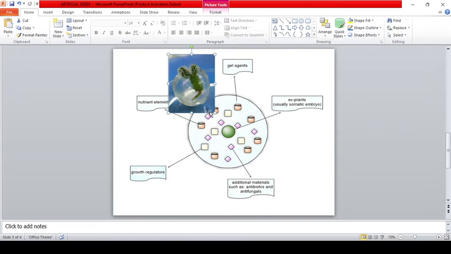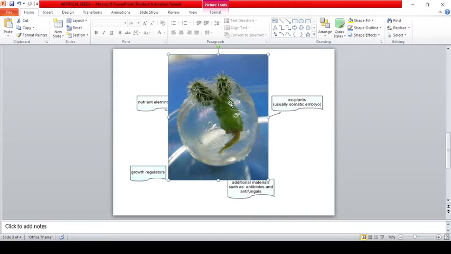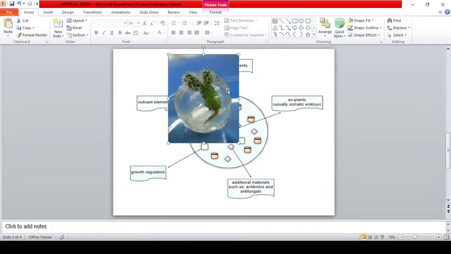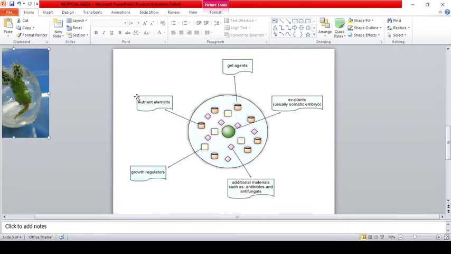So it will be just like these balls. Can you see inside it, you can find one explant culture surrounded by this ball-like thing. It is a gelling agent. Then there will be a nutrient element, growth regulator, gelling agent, and additional metabolites like antibiotic and antifungal agents. Okay, it is called artificial seeds.